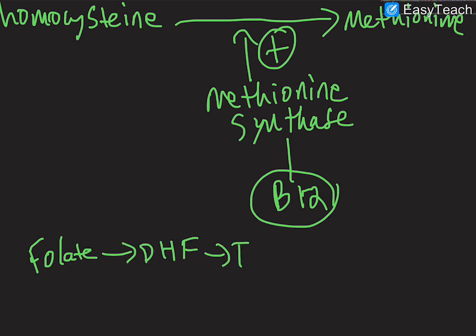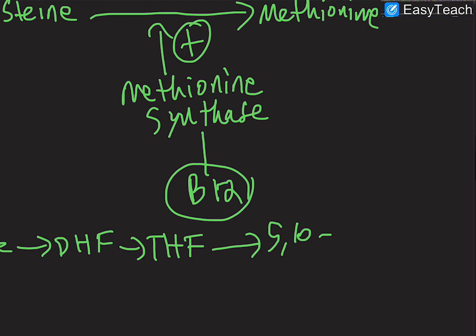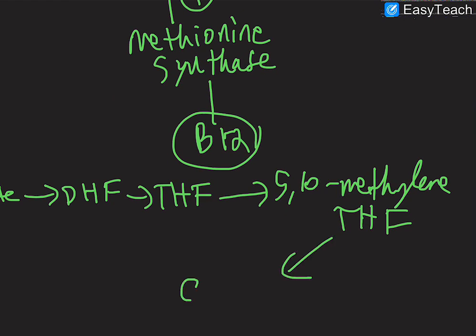Then DHF to THF via dihydrofolate reductase. Then THF to 5,10 methylene tetrahydrofolate. Then we said 5,10 methylene tetrahydrofolate gets converted into 5-methyl tetrahydrofolate, which we said is activated vitamin B9.